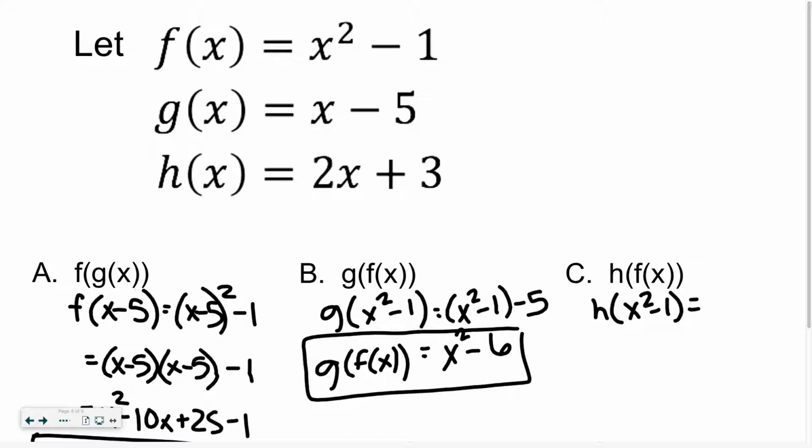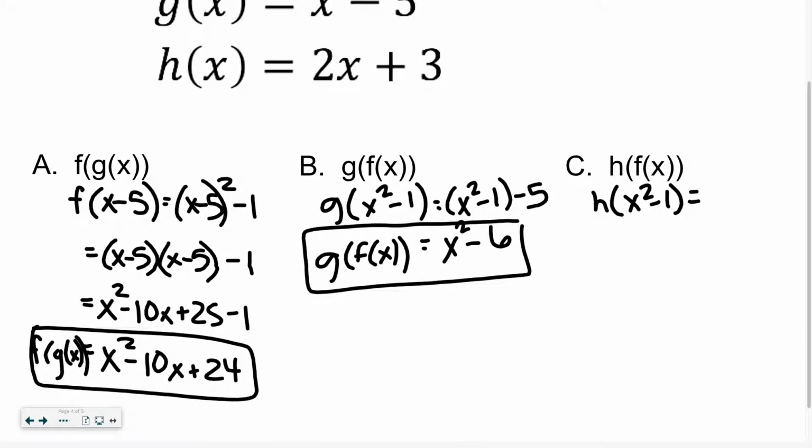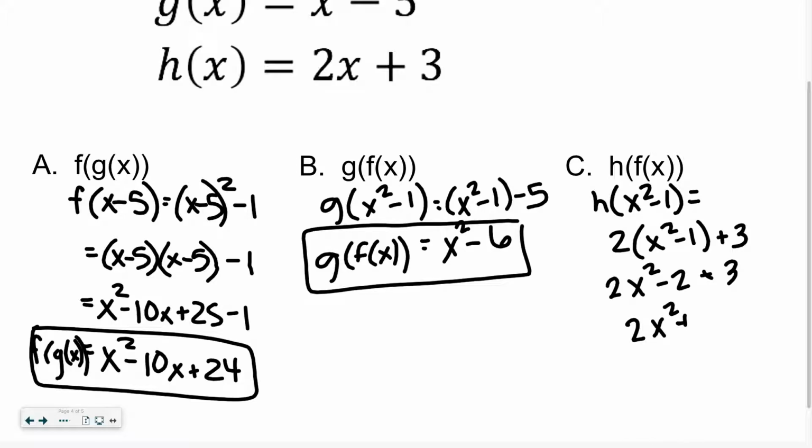So I'm going to substitute x squared minus 1 again. This time I'm going to put it into h. So that will be 2 times (x squared minus 1) plus 3. Here, parentheses around my substitution was really important because all of it's getting multiplied by 2. So I would distribute, and that's 2x squared plus 1. Done.